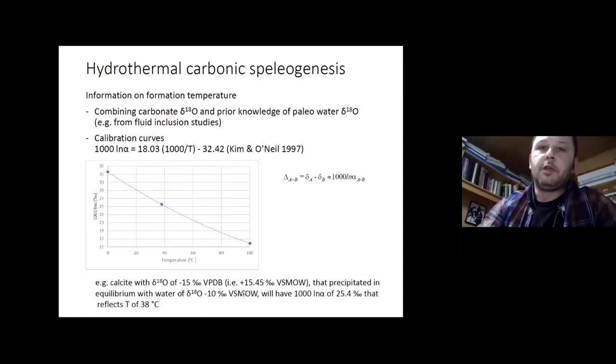I put an example here, for example a calcite, which has -15 per mil expressed in the PDB scale. If it precipitated under equilibrium conditions, and the composition of the water was -10, for example, it would have formed at a temperature of around 38-40 degrees Celsius.